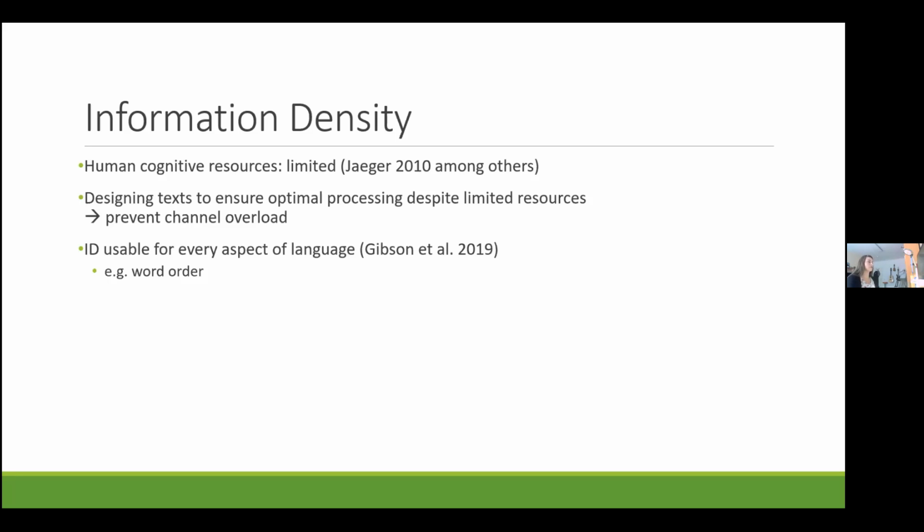We also know that information density can be applied to every aspect of language. So we might have it on a phonetic level: we pronounce expected words quicker than unexpected ones. But for our talk today, we basically want to concentrate on word order.